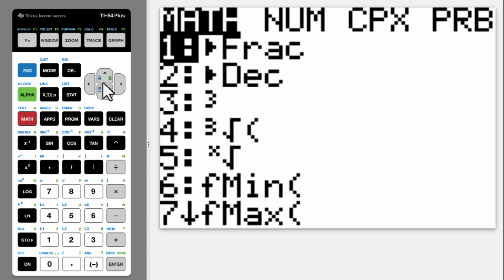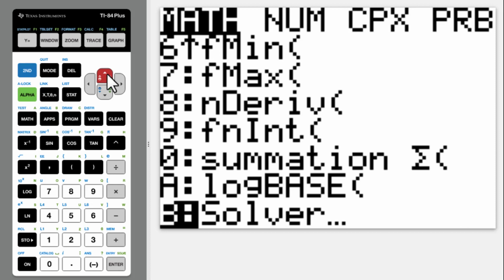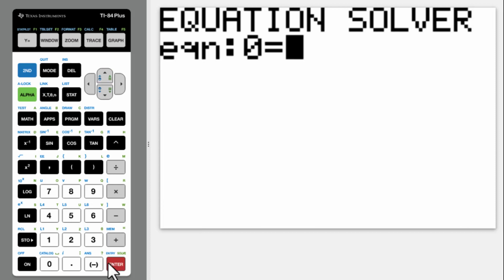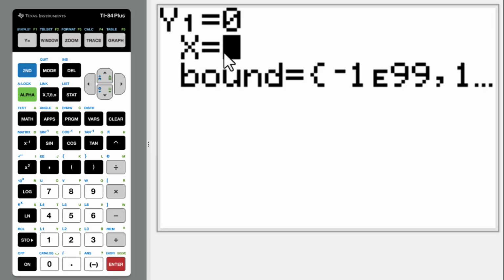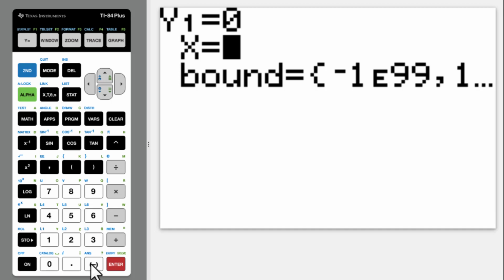Then math. Equation solver, enter. Alpha trace y1, enter. We will estimate the value for x. Try +10 first. Alpha, enter.